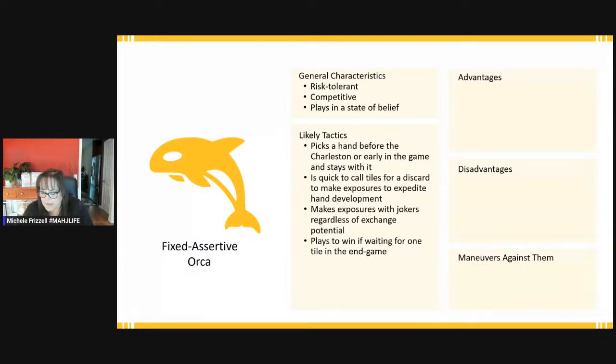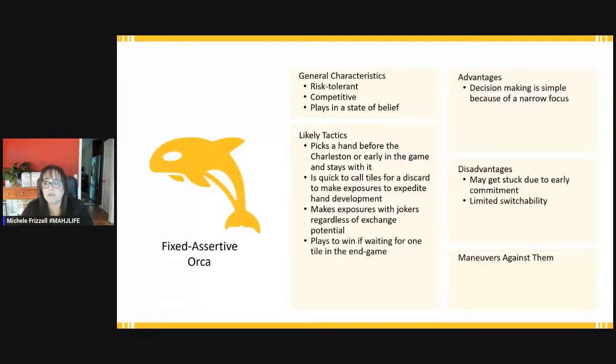So if they're waiting to win in the end game, they may pick a risky discard, they may discard that tile because they play from a state of belief where they feel they're going to win. And so that risk is going to be worth it. So they're a little more assertive. The advantage is their decision-making is simple because of a narrow focus, typically because they're going to pick a hand early.